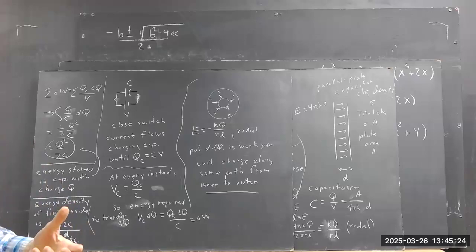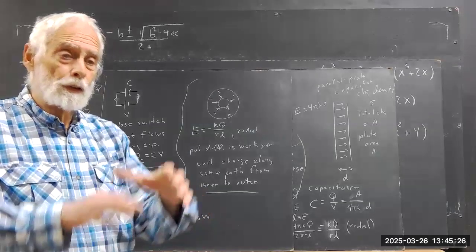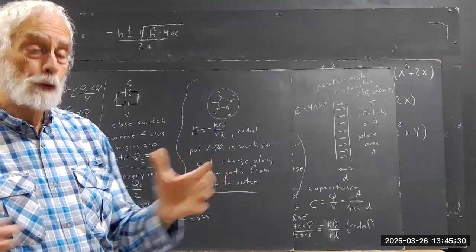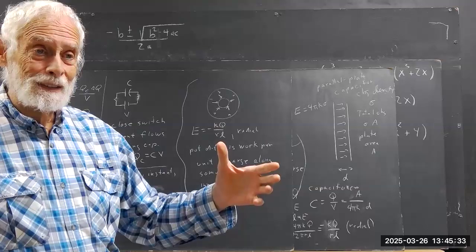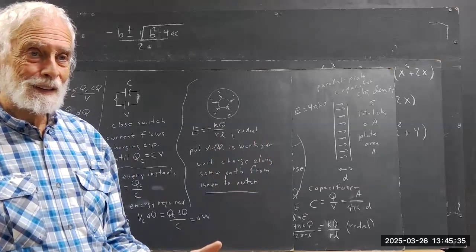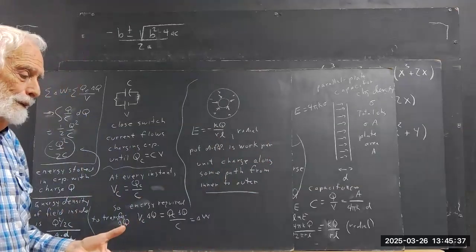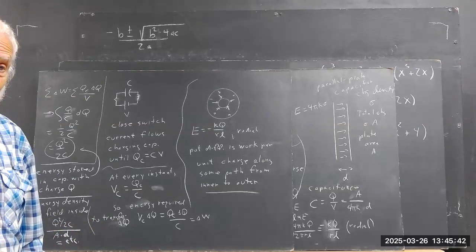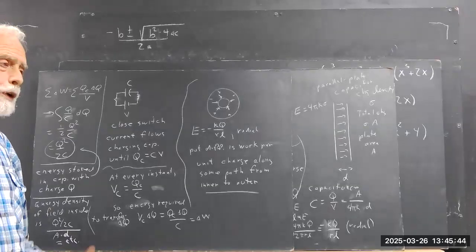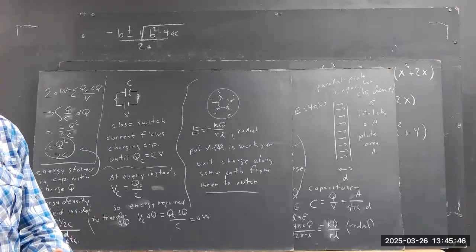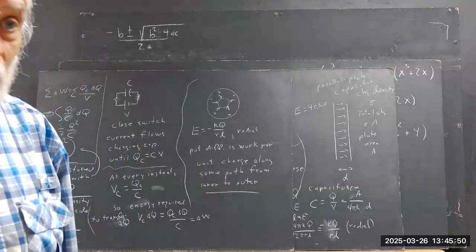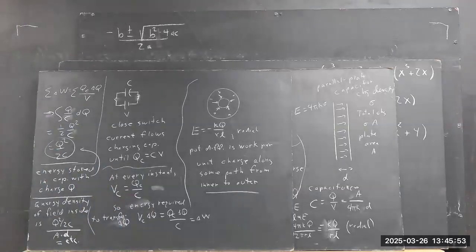If you know what the electric field is over some region of space, you integrate to get total energy using this idea. If you know the electric field, you know the energy density. You will see the final expression you get.